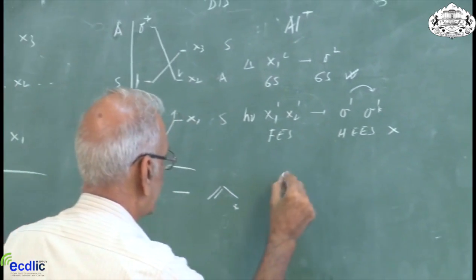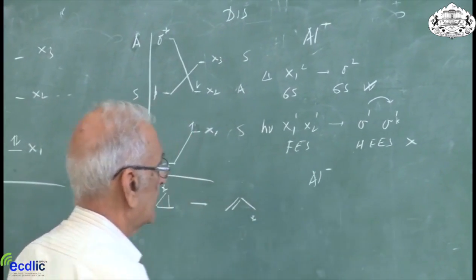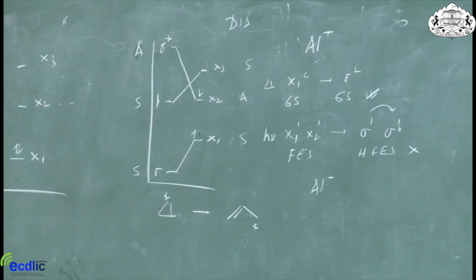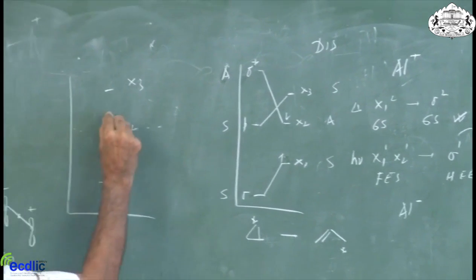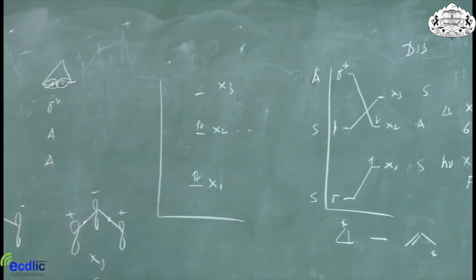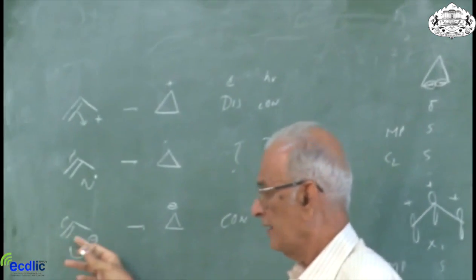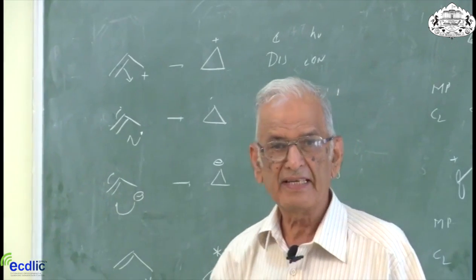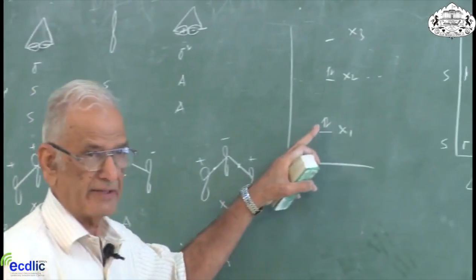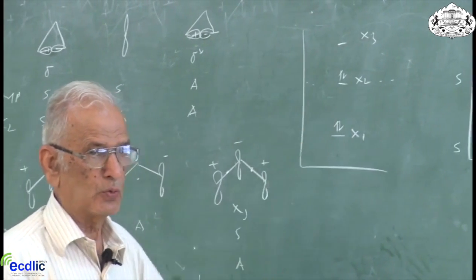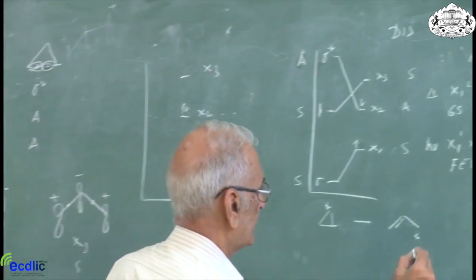Let us look at our next system, allyl anion. What is the picture in allyl anion? There are 4 electrons, 2 electrons in the double bond, 2 electrons in the negative charge. So, your ground state will be X1 squared, X2 squared.